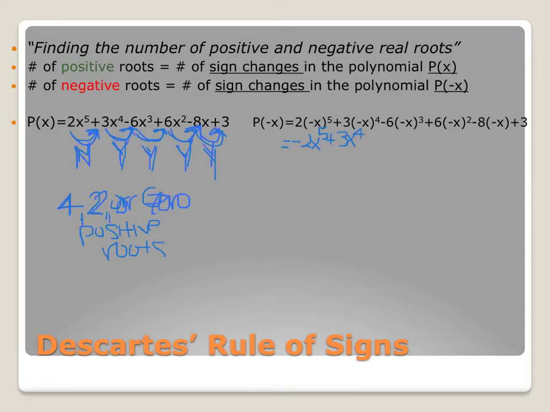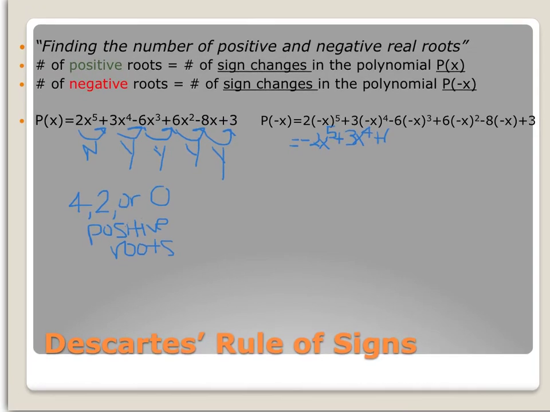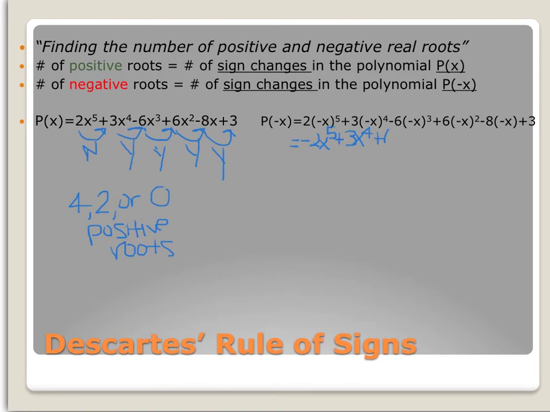A negative x cubed is negative, but times a negative 6 would be positive, so positive 6x cubed. A negative x squared is positive, so positive 6x squared. Negative 8 times a negative x is a positive 8x, and then plus 3.